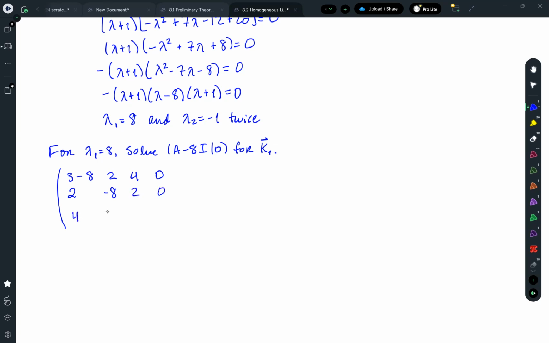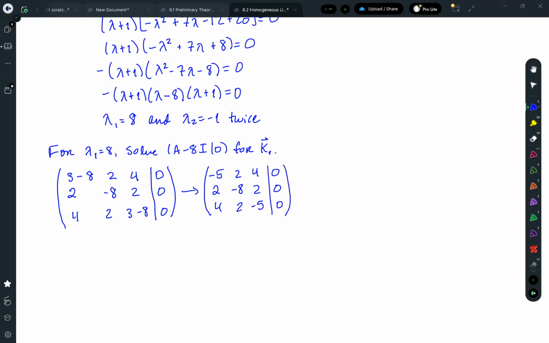And I get 4, 2, and 3 minus 8, 0. Then I simplify things, and this becomes a negative 5, 2, 4, 0, a 2, negative 8, 2, 0, and a 4, 2, negative 5, 0. None of these are very nice numbers to work with, but we can still do it, okay?